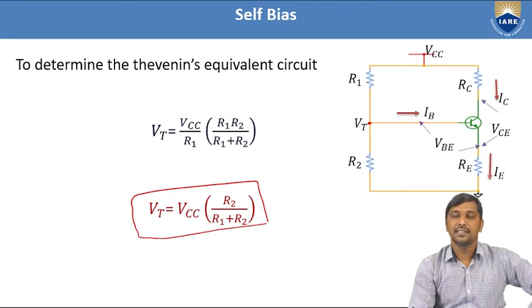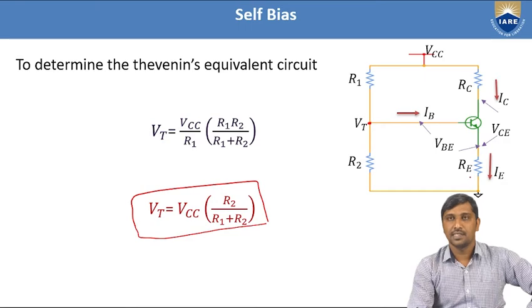Whenever the collector current changes, then simultaneously the emitter current also changes. If the emitter current changes, the voltage drop across the emitter resistance also changes. This change in voltage drop across the emitter resistance can make the emitter base junction reverse biased.